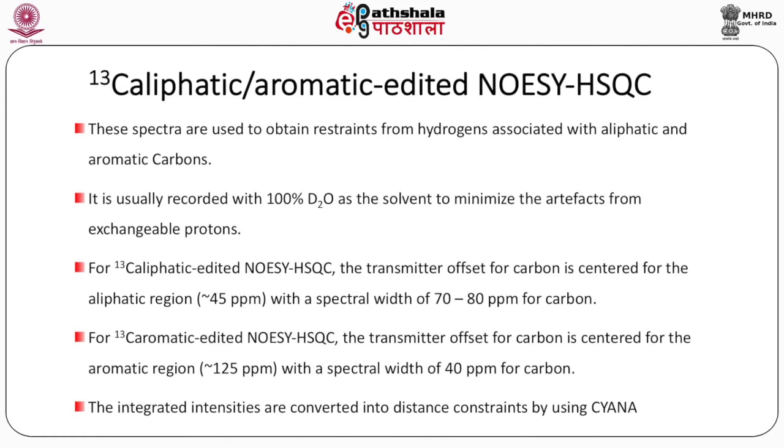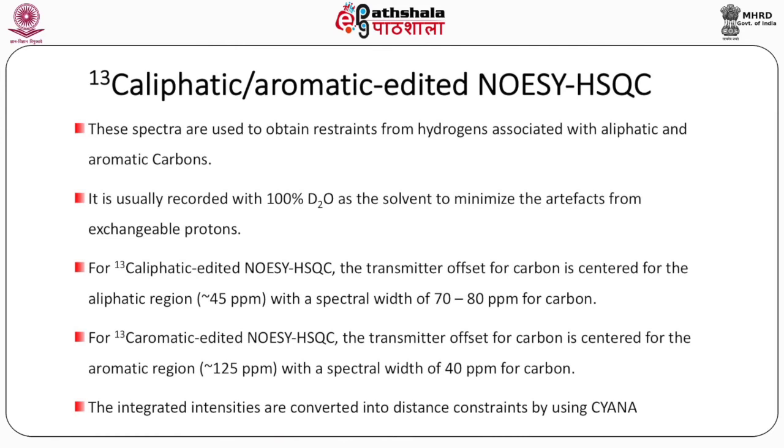For C13 aliphatic edited NOESY-HSQC, the transmitter offset for carbon is centered for the aliphatic region, which is around 45 ppm, with a spectral width of 70 to 80 ppm for carbon. By the way, for N15 edited NOESY-HSQC, the N15 transmitter is usually kept at 120 ppm nitrogen chemical shift.